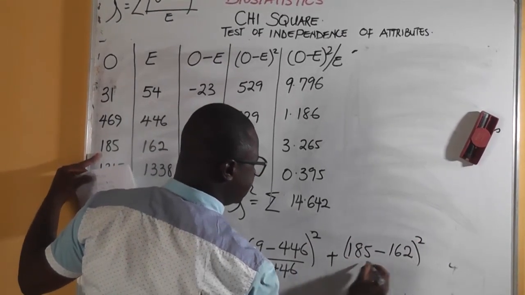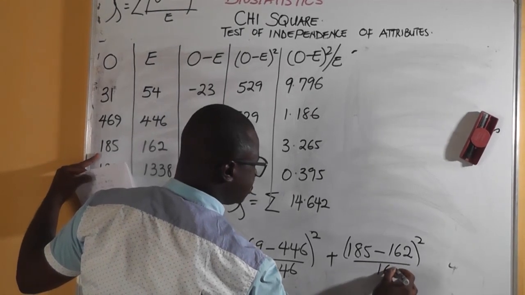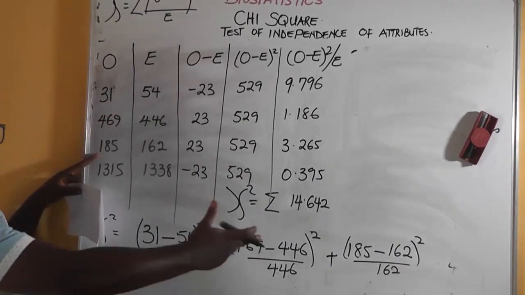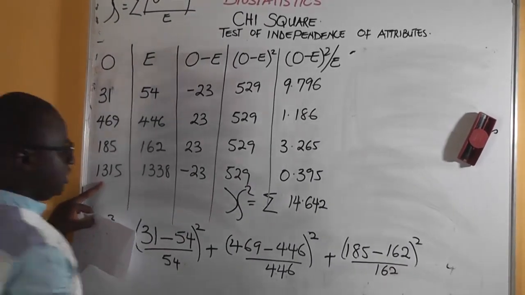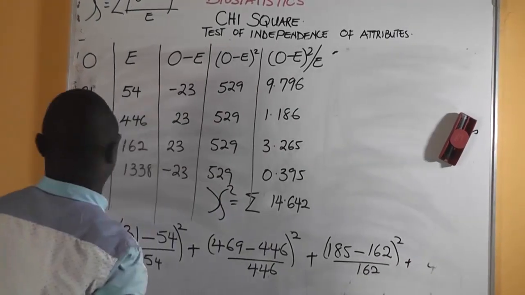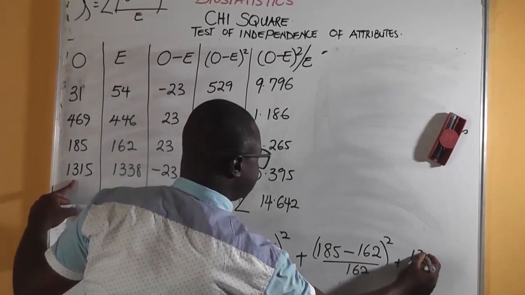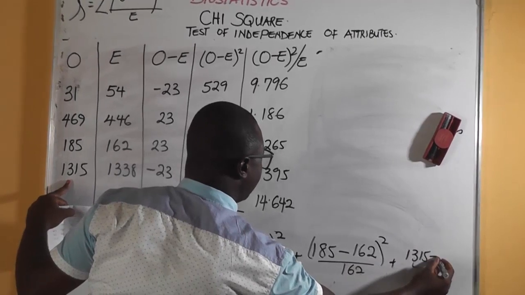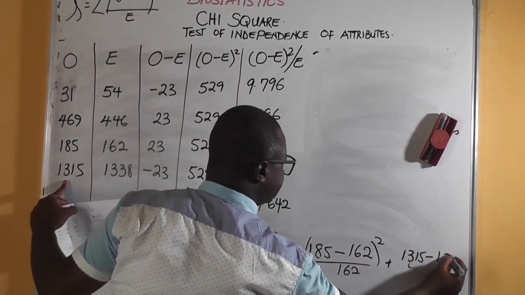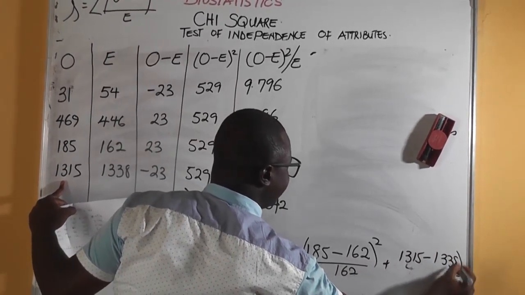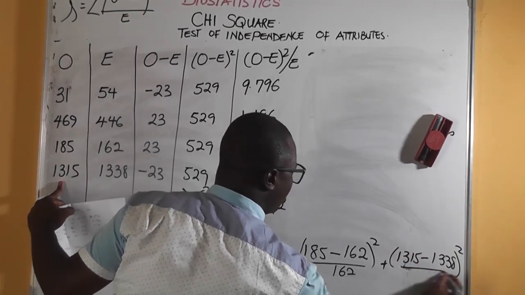Everything squared over 162. Are you seeing it now? Then the last one will be plus 1315 minus 1338, everything squared all over 1338.